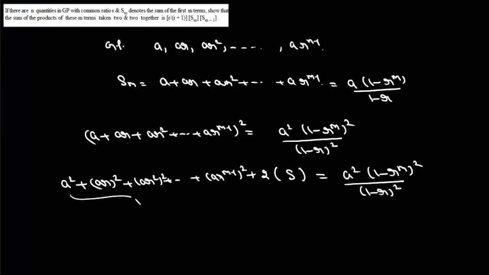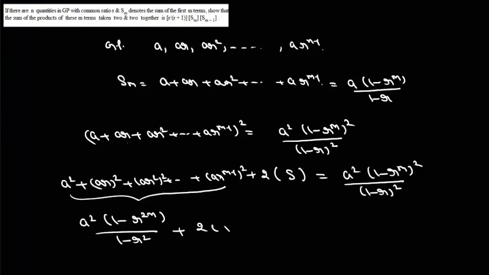Now this again is a GP whose first term is a square and common ratio is r square and number of terms is m. So it will be this a square (1 minus r square to the power m) upon (1 minus r square) plus 2s, and that will be equal to a square (1 minus r to the power m) whole square upon (1 minus r) square. Now we'll take this on right hand side.